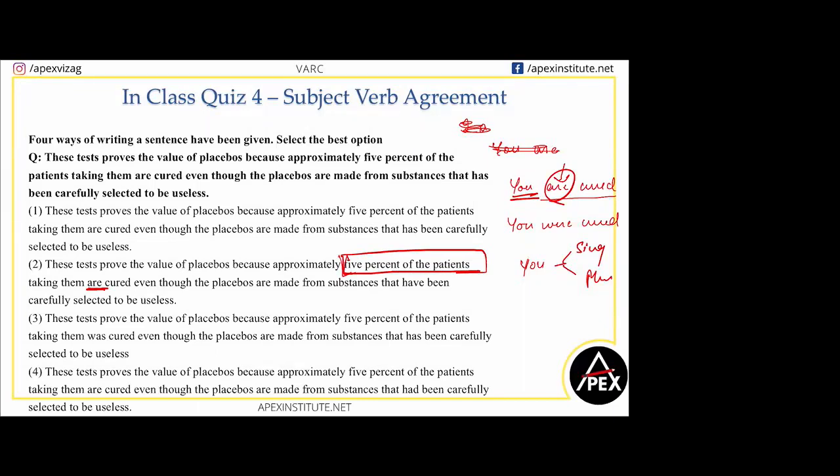Okay, Pawan, are you with me? Yes. So instead of considering this part to be a modifier, what? Someone is saying something in the chat. It usually takes a plural one when followed by of plus a plural noun. Okay, this is new. One minute, let me just clearly look at what Sirisha is saying. It's followed by of plus a plural noun. And it takes a singular verb when it's followed by of plus a singular noun.